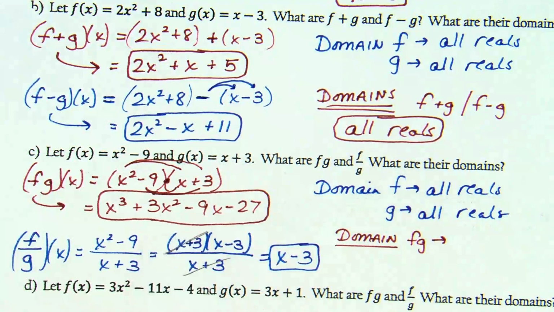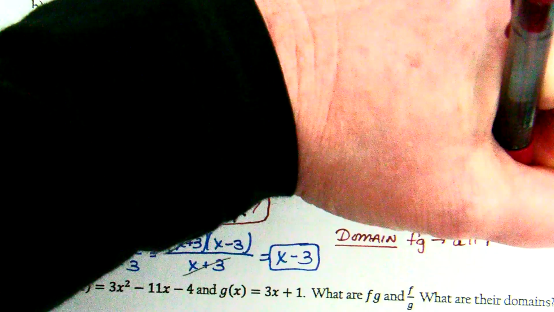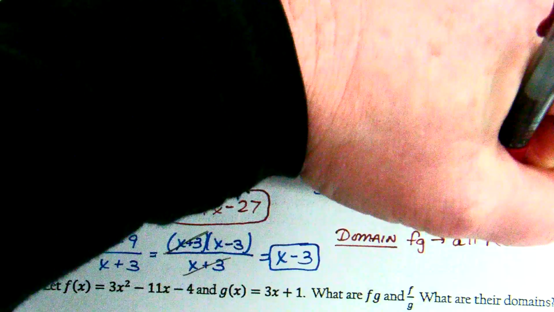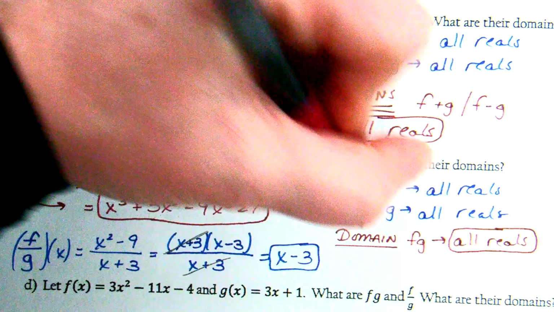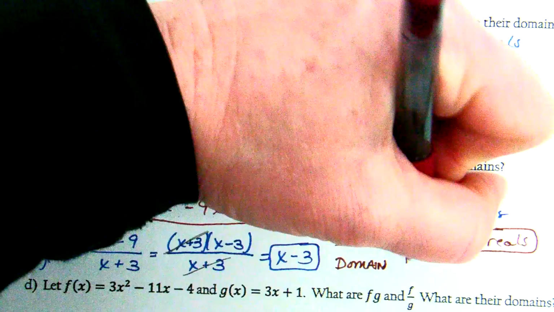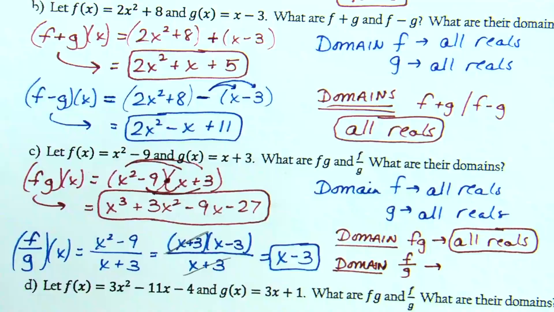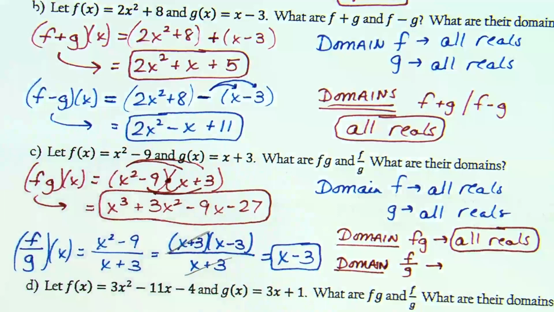So f times g is all reals. Now let's talk about the domain of f divided by g. F was all reals. G was all reals. If you look at your final answer, x minus 3, what does that lead you to believe? Still all reals, right?